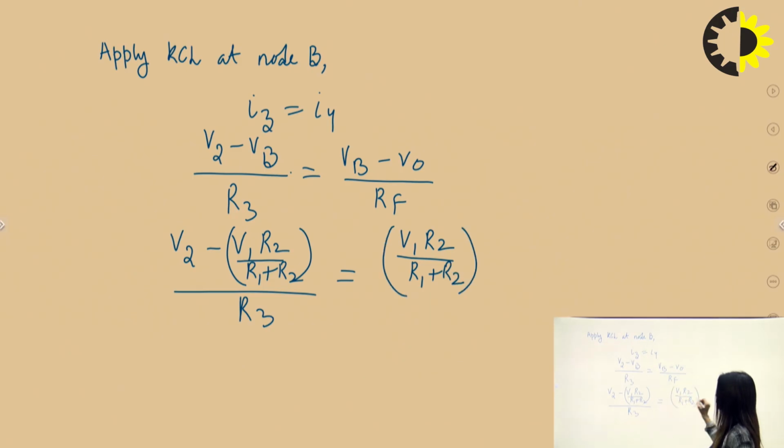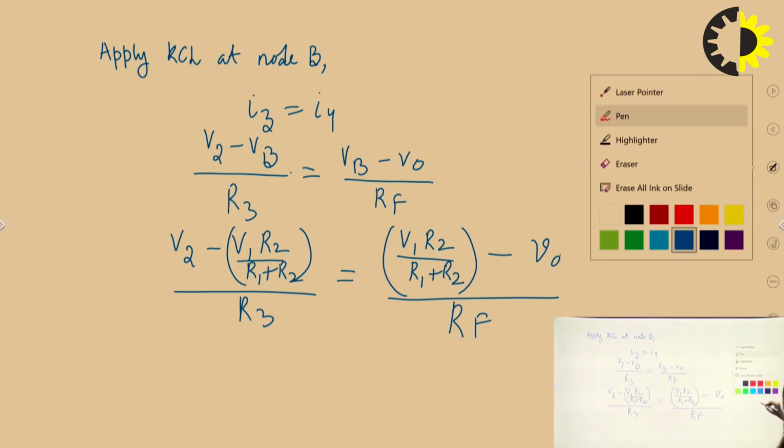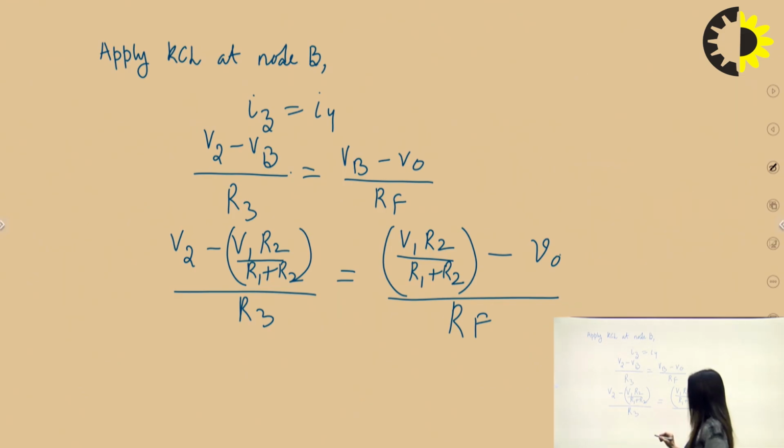Since VA is equal to VB, that's why I am writing this.